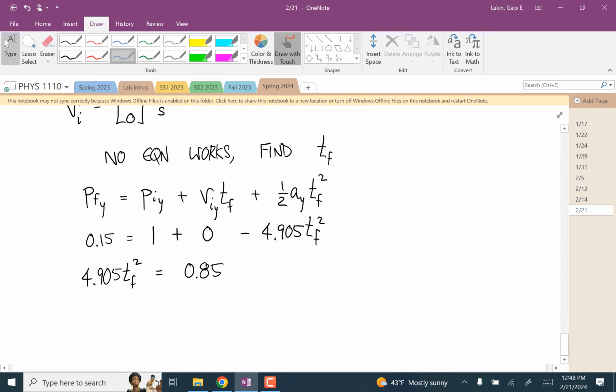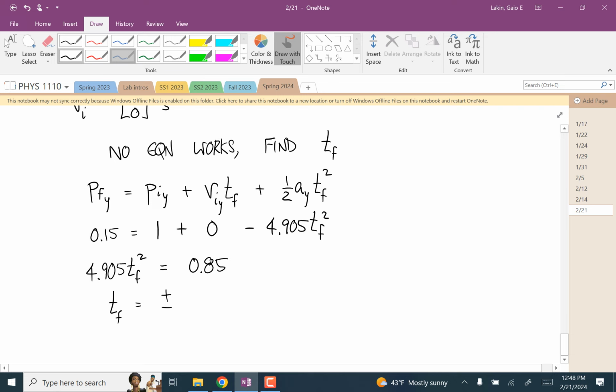And if you divide both sides by 4.905 and then take the square root, you get the time final is equal to plus or minus 0.416 seconds. That's two answers. Which one do we want? We want the positive because time is always positive for us.